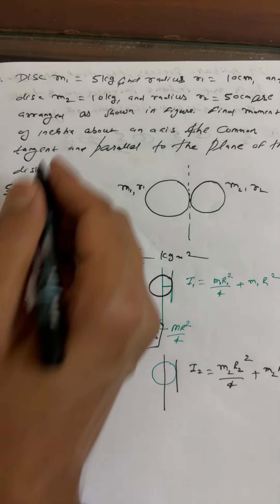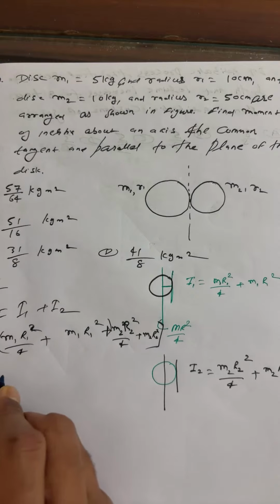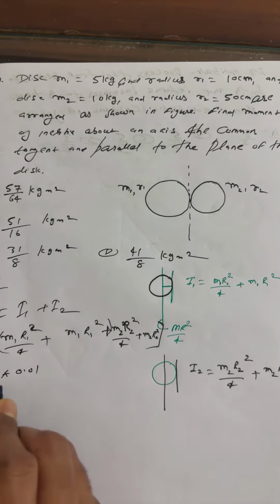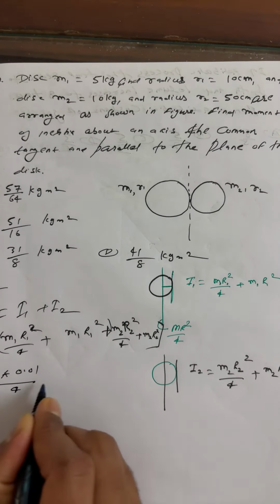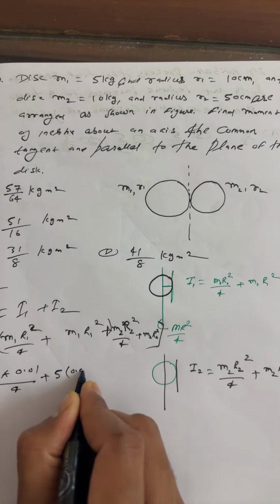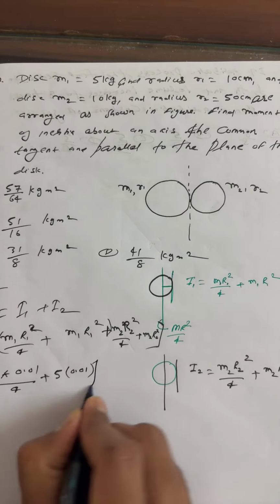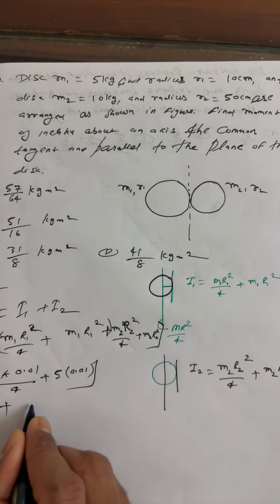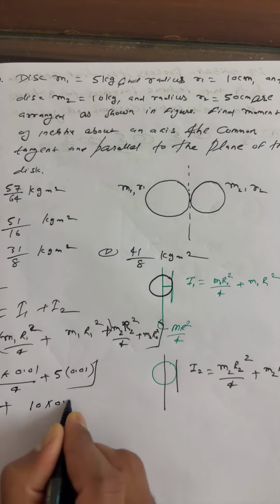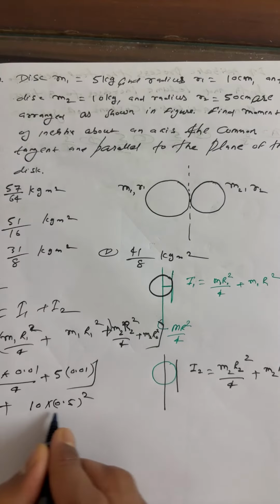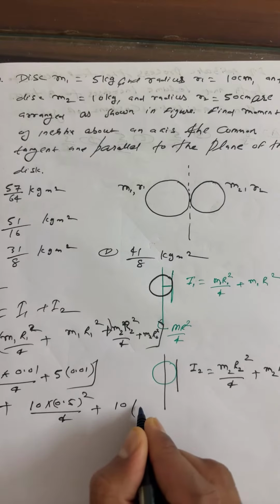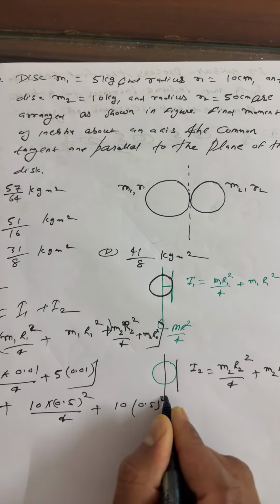Simple, all the values are mentioned. M1 is 5 kilogram, R1 is 0.1, whole square means 0.01, upon 4, plus M1 times 0.01, that is 5 into 0.01, plus M2, which is 10 kilogram, and R2 is 0.25, whole square, upon 4, plus M2, 10 kilogram, times 0.5 whole square.